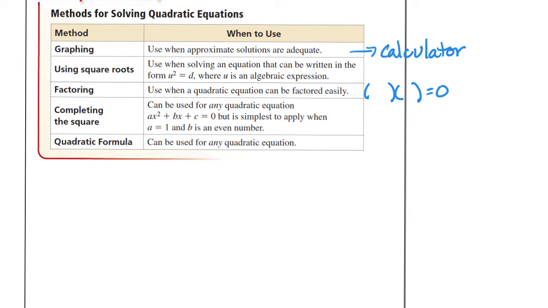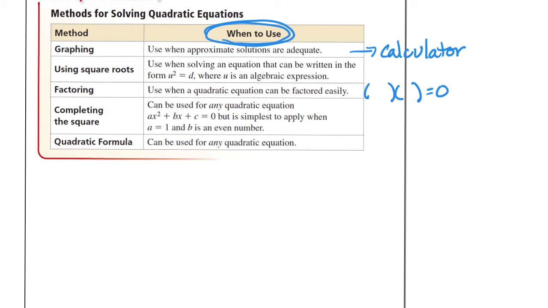What's nice here is that this column tells us when to use each kind. So I think it's important for you to hold on to this information. You should put this in your notes so that you really know when to use each one. So graphing, if where it hits on the axis are reasonable numbers and you're allowed to use graphing, you can do that.